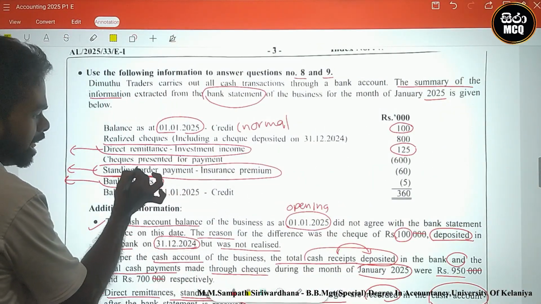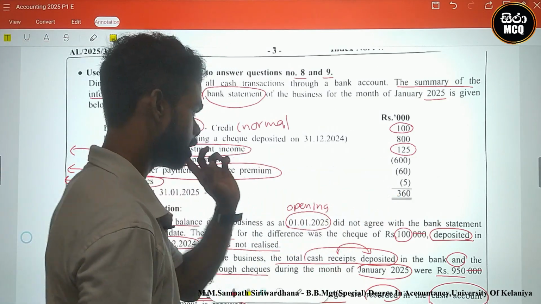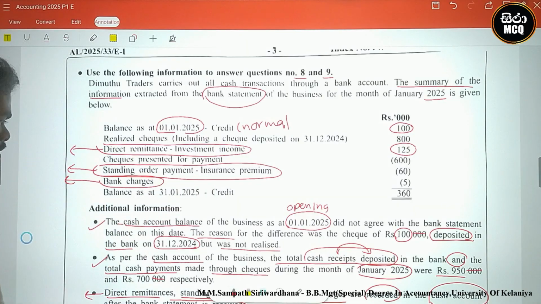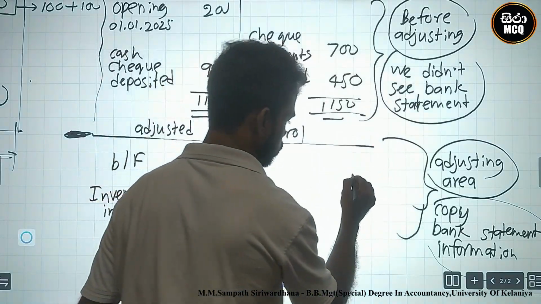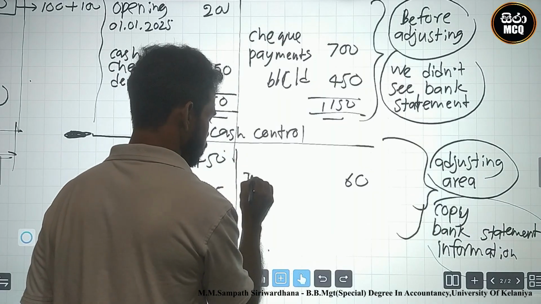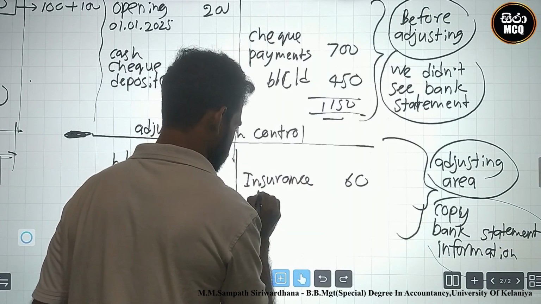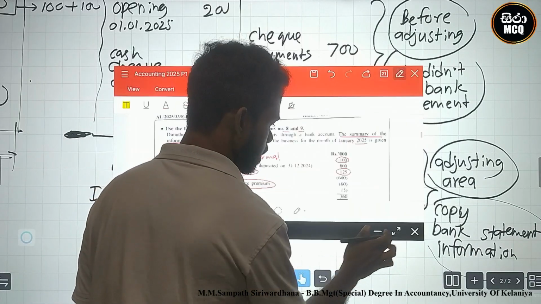Other one is standing order payments, insurance premium. 60, cash payment, cash credit, adjusting cash control account. 60 should be credit. Insurance expense.